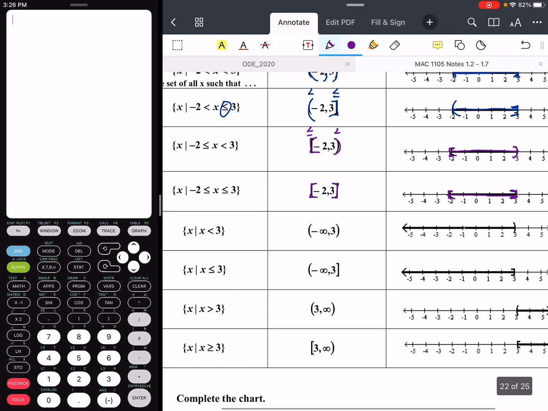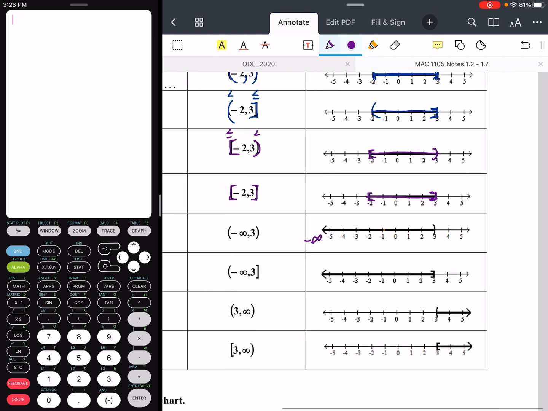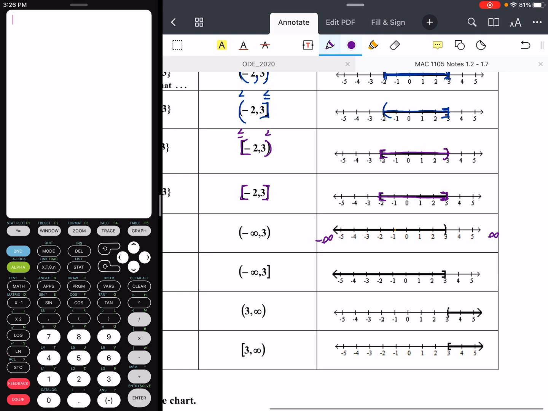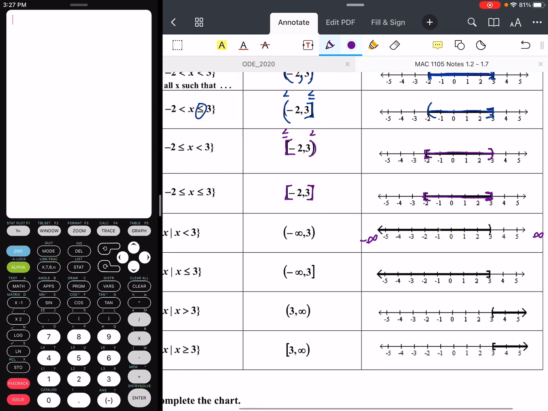So on my line graph, you can imagine -infinity way out here to the left and +infinity way out here to the right. So if we're graphing x less than 3, because we have that rounded parenthesis at 3, then I'll graph my arrow pointing out to the left because we want to represent numbers that are less than 3. So 0, negative numbers, those are all to the left of 3.